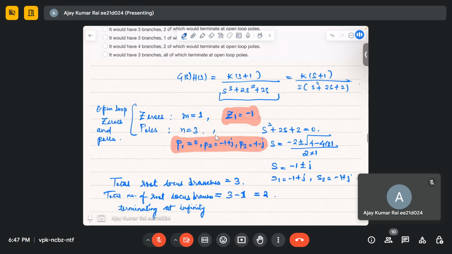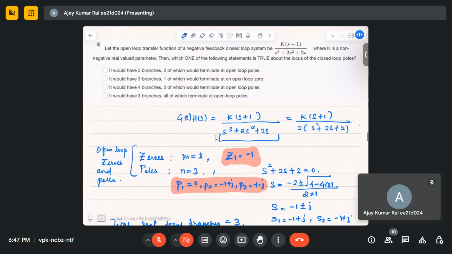So let us see the options. Which one of the statements is true? First option, I am reading: it would have three branches, two of them would terminate at open loop poles. Okay, so they originate from open loop poles, right? So this is wrong. Second option: it would have three branches, one of which would terminate at open loop 0. So this is correct.